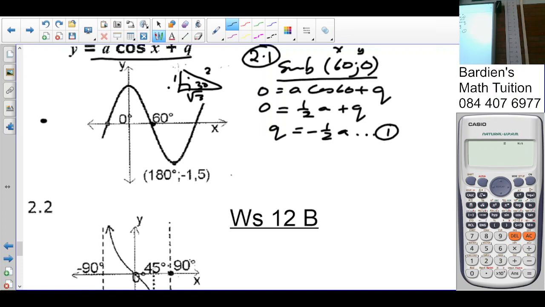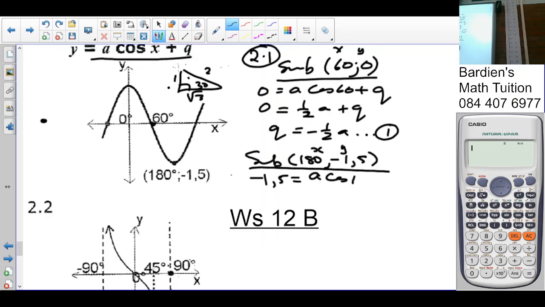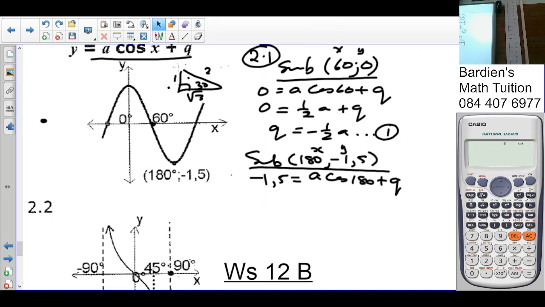What do we do thereafter? Substitute 180 and negative 1.5. That's an x and a y. So we're going to get negative 1.5 is equal to a cos 180 plus q. Cos of 180 is negative 1. So it says negative a plus q is equal to negative 1.5.